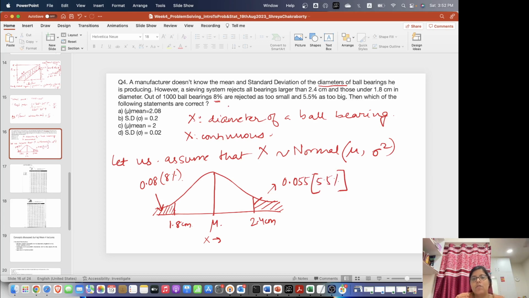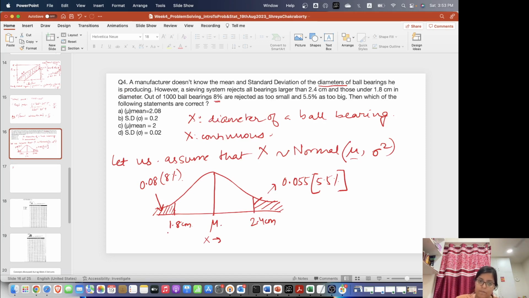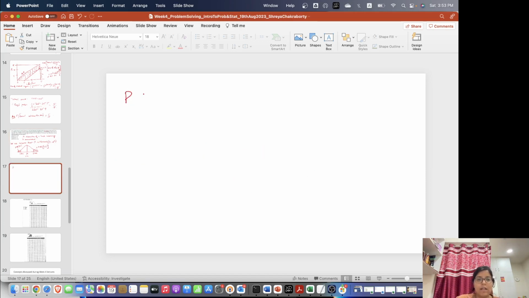Okay, so these probabilities are given. Now we have to find out the value of mu and the value of sigma. This is our task. So we can write our problem as follows. Let us consider the lower end at first. Probability x less than or equal to 1.8 is given as 0.08.